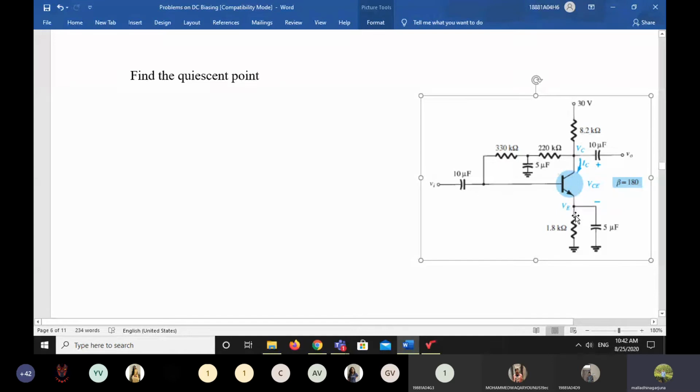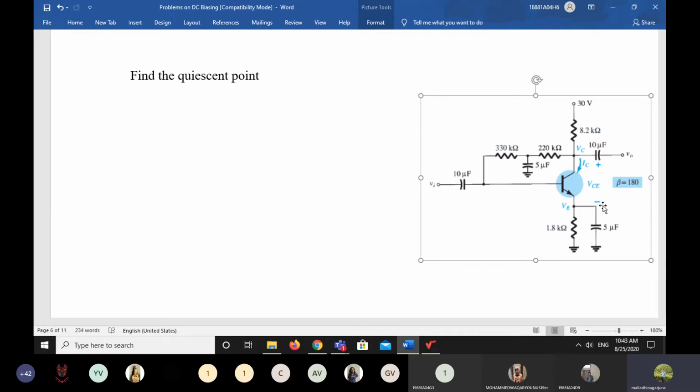So for the input loop, or if you apply the output loop like this, the base circuit or the collector circuit, one extra component will be added. That component is IE into RE. That is the only extra component you will get.